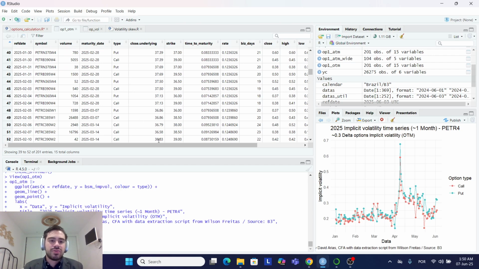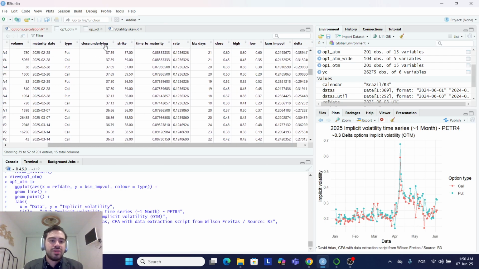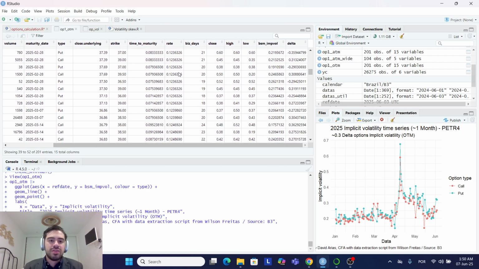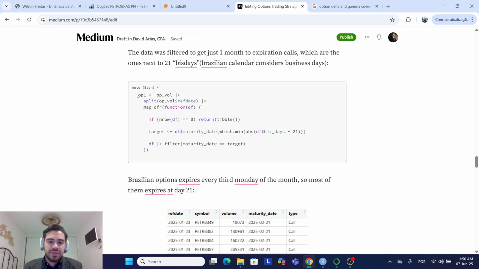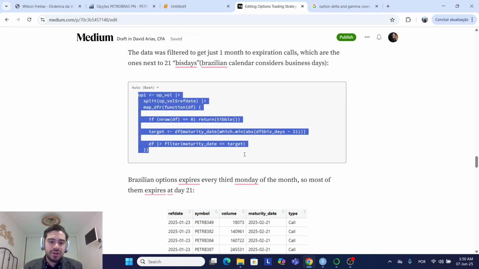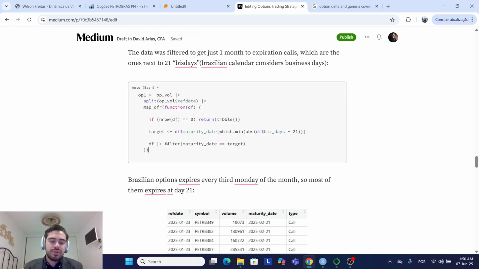I've done the calls and puts. There's all the information: how the underlying closed, the rate, the day, the implied volatility, and the delta, which are the most important variables. So how was this done? Well, after getting the data, I got close to 1 month of expiration.